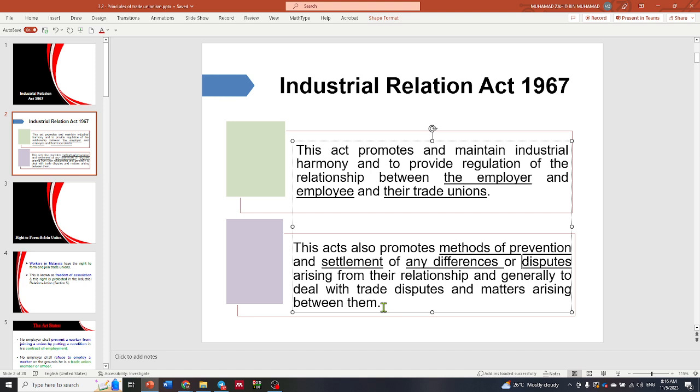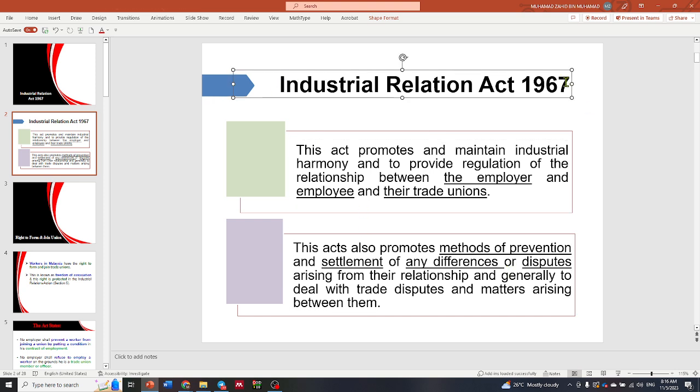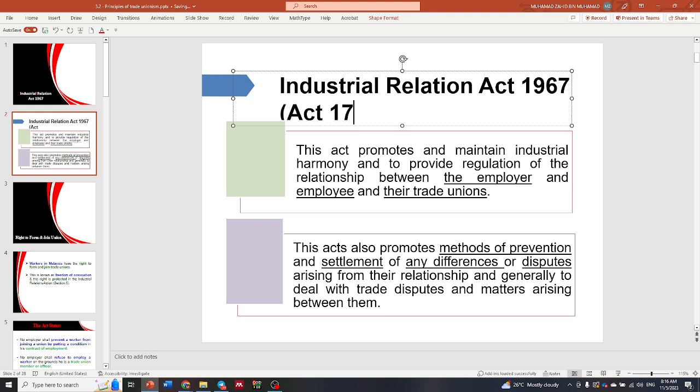So, in the case of industrial relation, the industrial relation bermaksud hubungan antara employer-employee dan juga trade union. Kalau ada disputes, we can settle these disputes by using trade union, boleh menggunakan employees union, dan juga boleh menggunakan asas Akta 177 ni to protect everyone's rights, right?